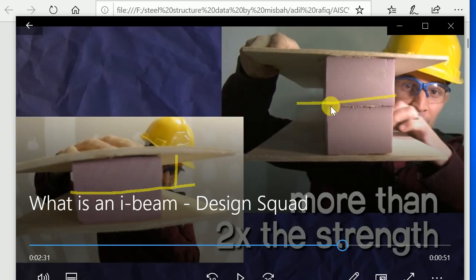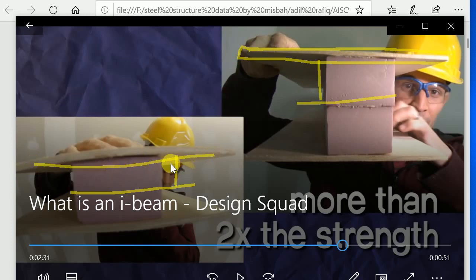So that's why, because here we are locating the whole area of the section as far away as possible, because this distance is more than this one. Here the cross-sectional area is close to the neutral axis, but here we increase the distance, and that's the basic principle of the I-section beam, which is the most effective and efficient section of the beam. Okay, so they basically show you the concept behind the I-beam.